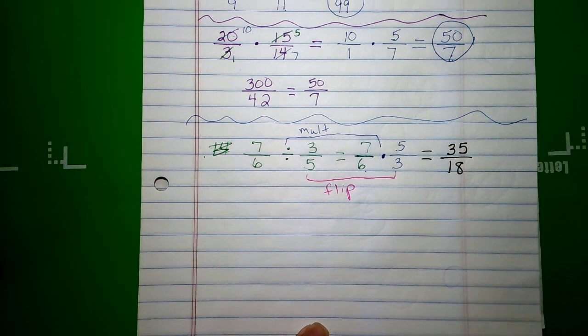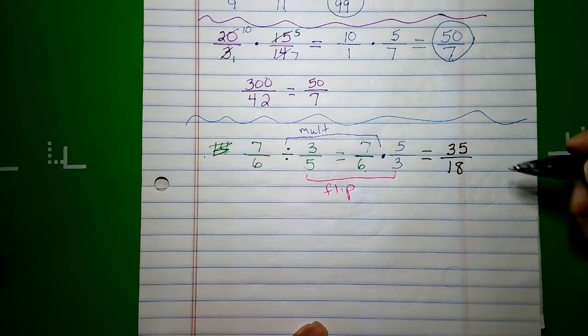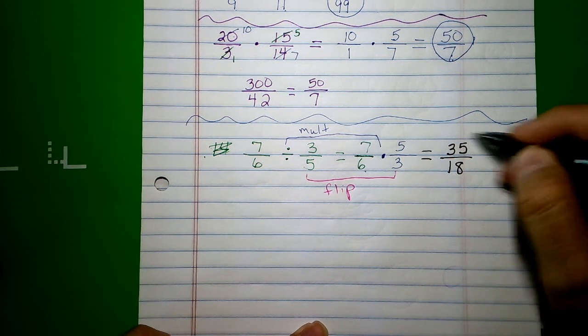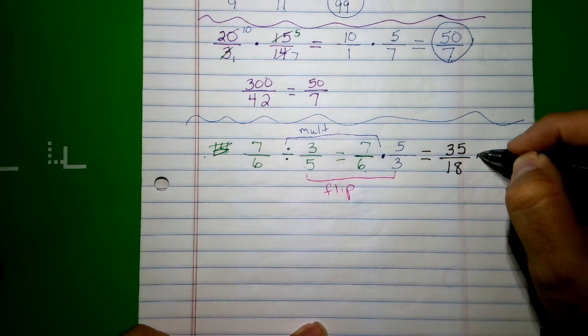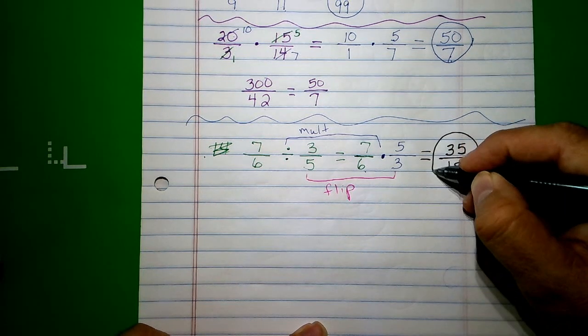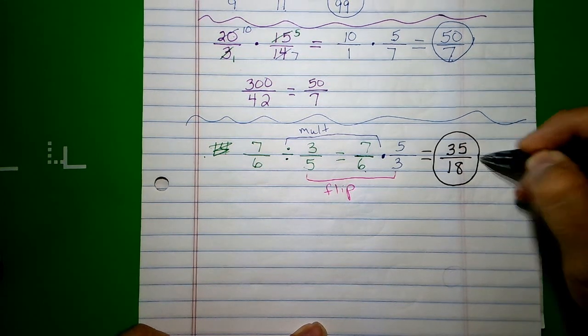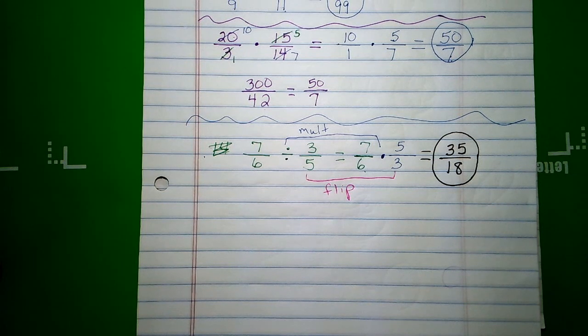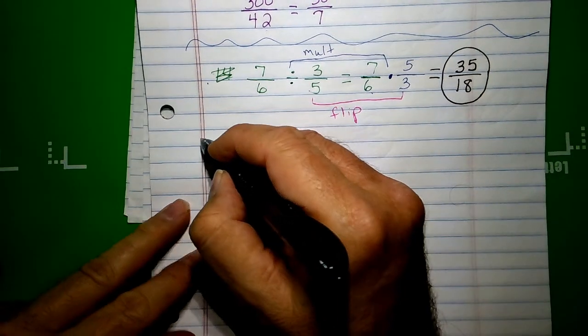Notice, if you don't know the multiplication tables, you don't know that. How do you figure out whether it's reduced? So once again, if you're rusty on those multiplication tables, I highly recommend that you find your multiplication tables and review them.